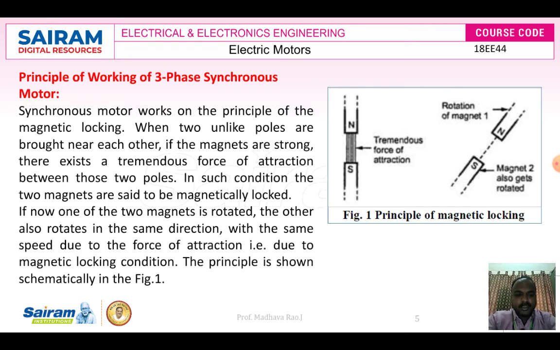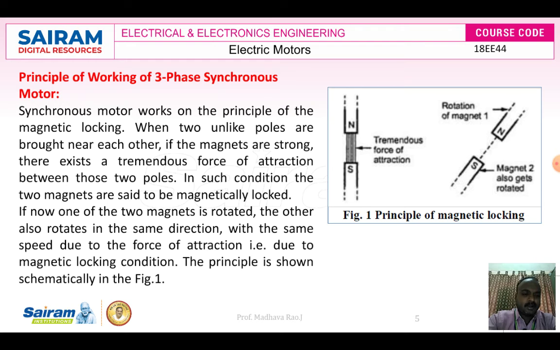Now we will come to the principle of working of the three-phase synchronous motor. It works on magnetic locking. In the magnetic locking diagram, we can see force of attraction and force of repulsion.